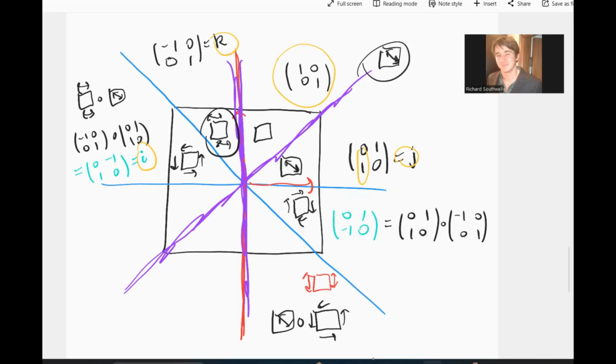So I think this ends up resulting in this up-down flip. So there's an up-down flip there. Now, what does it correspond to in terms of matrices?